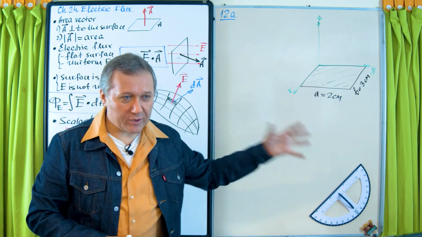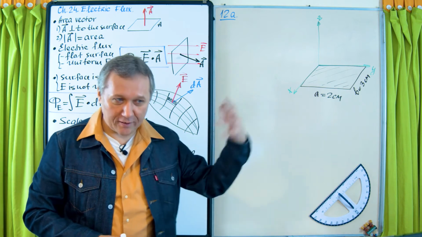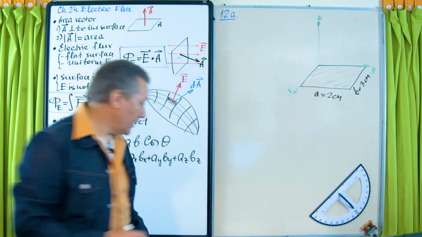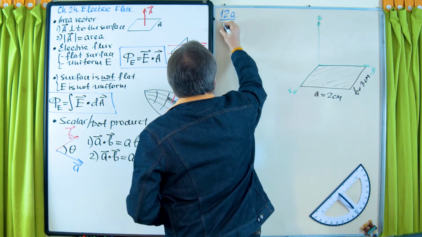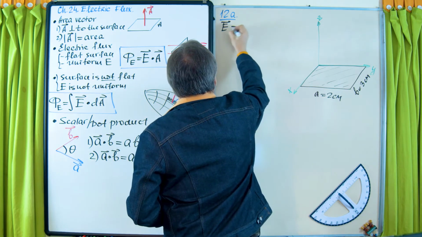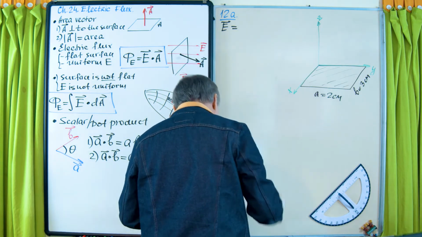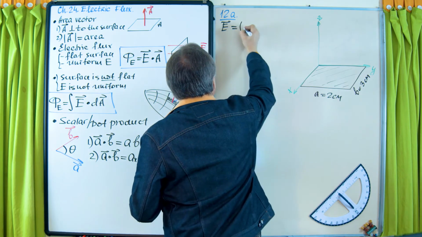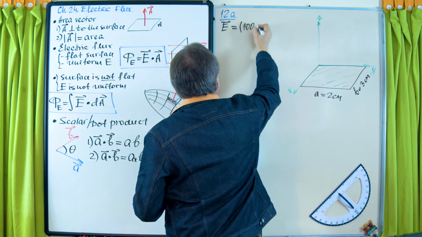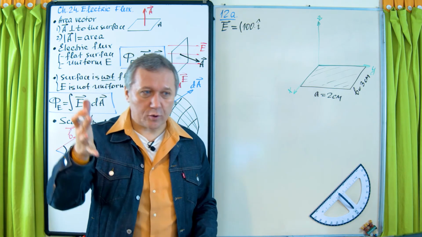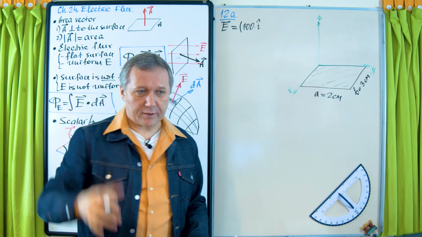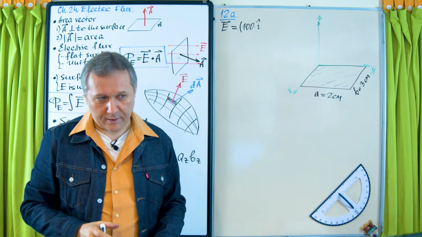Now we need information about the electric field in order, again, to calculate the electric flux. Information about the electric field is this. So let's say E equals 100 times i hat. You remember i hat is the unit vector showing positive direction of the x-axis.